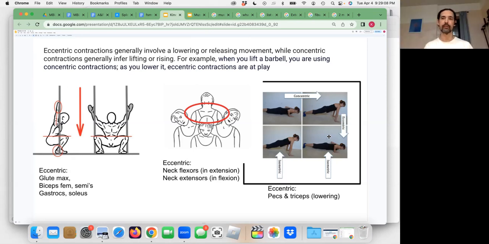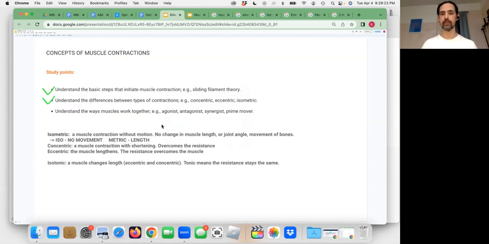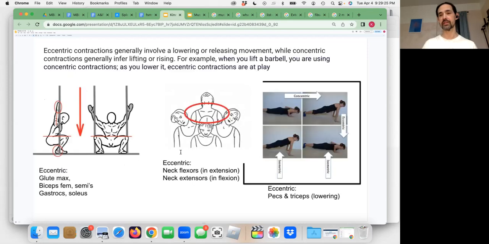All right, and what's happening with the relationship between force and the muscle? I'm sorry, let me get my terminology straight. Is the resistance overcoming the muscle, or is the muscle overcoming the resistance?